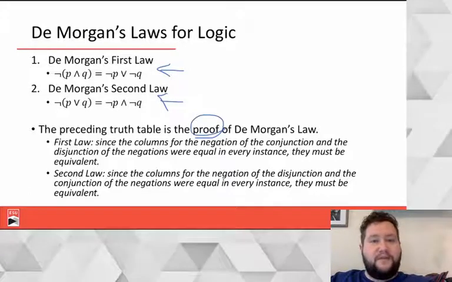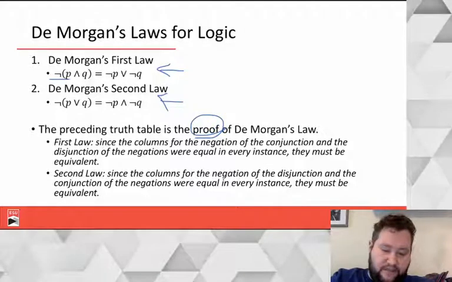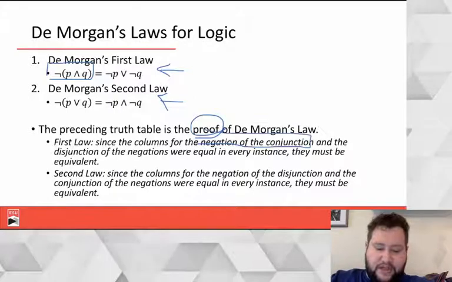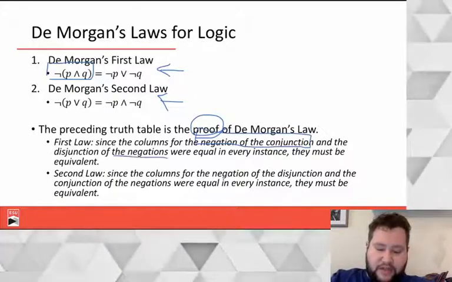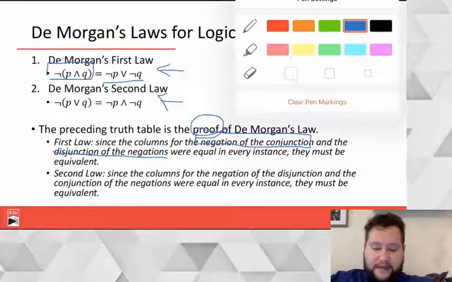Since the columns for the negation of the conjunction and the disjunction of the negations were equal in every instance, they must be equivalent. And I'll switch to a second color.